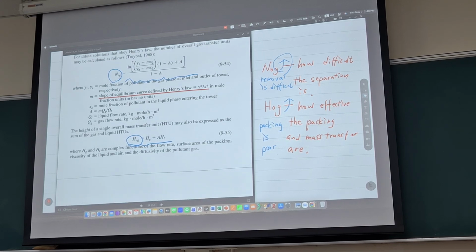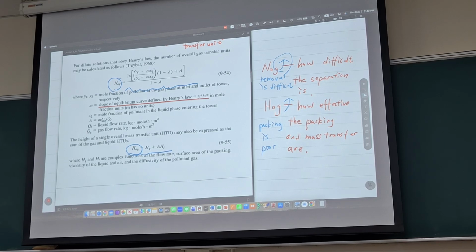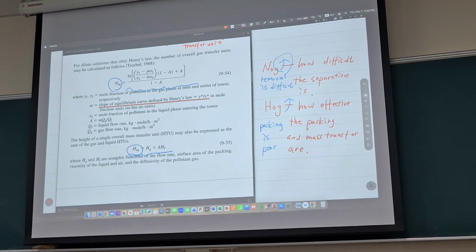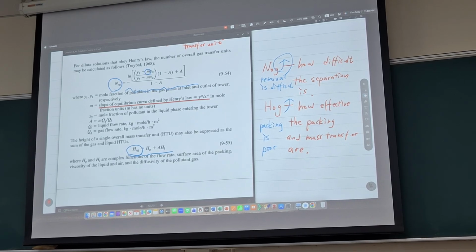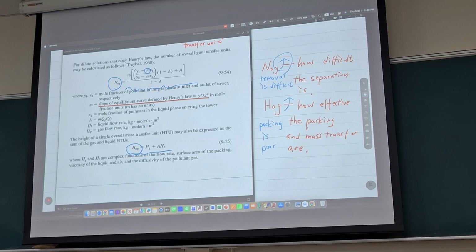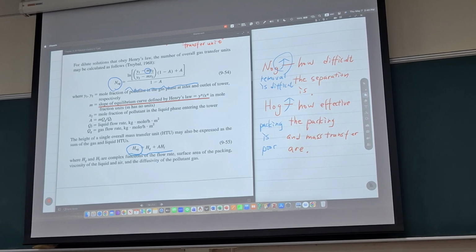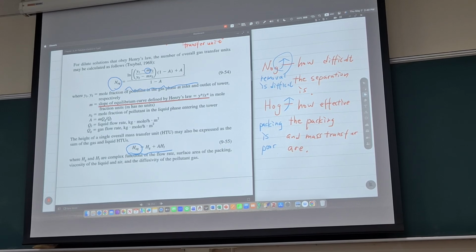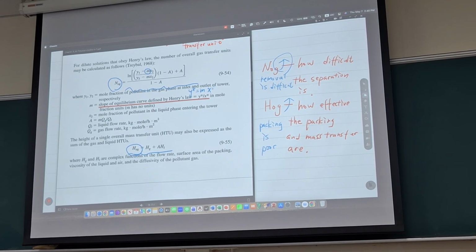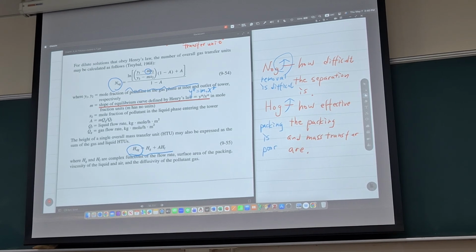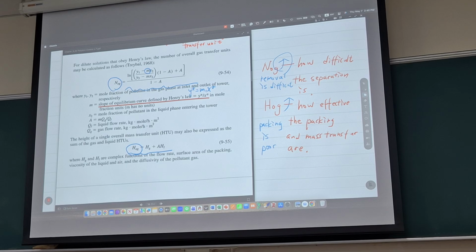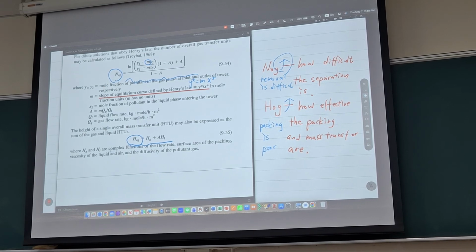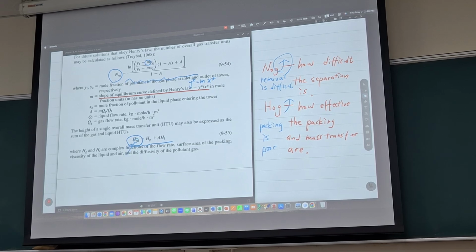Okay, so let's see NOG first. The m here, I want to mention the m. The m here is the slope of equilibrium curve. And this is defined by Henry's law, because Y star equals m times X star. Then HOG, the O here stands for overall.